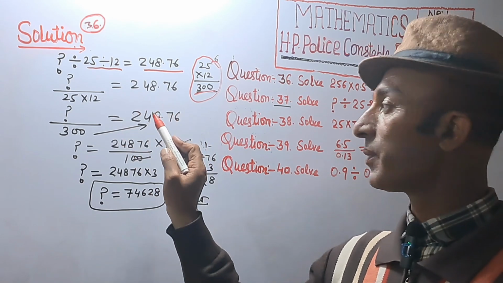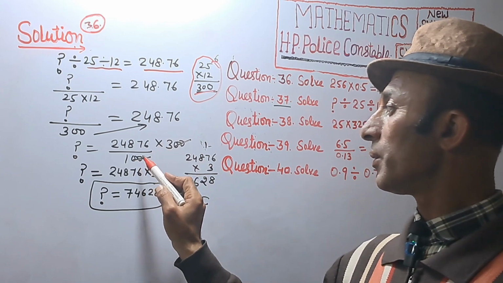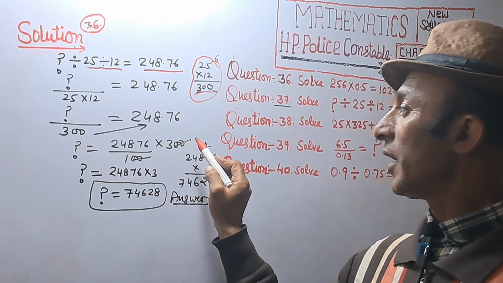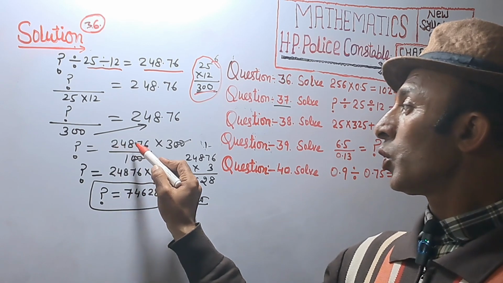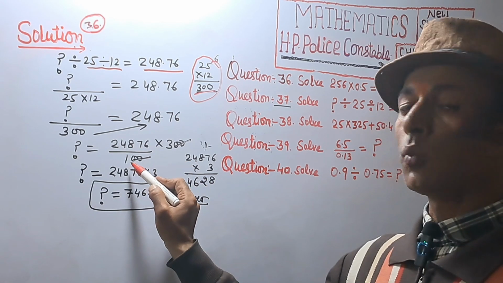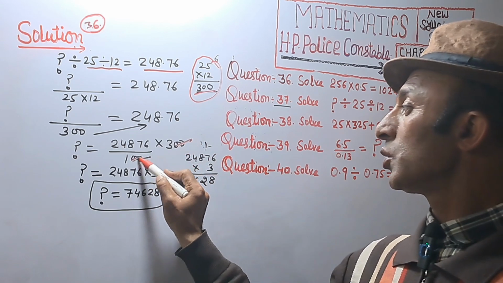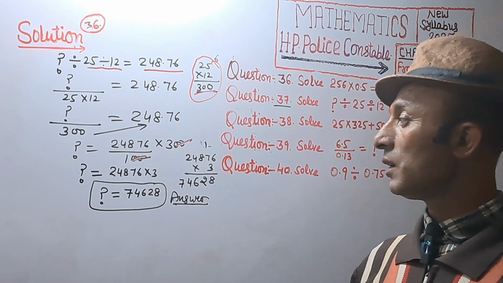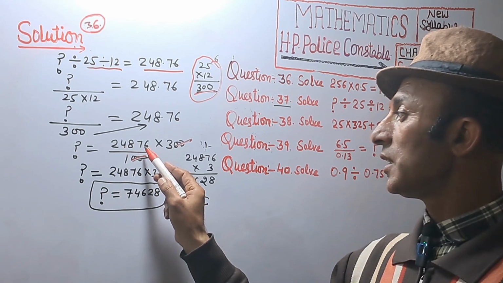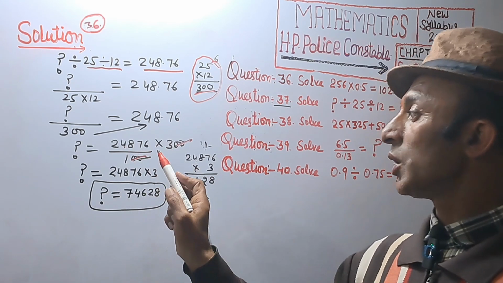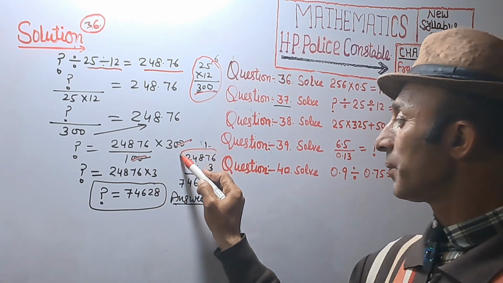248.76 as it is. Point convert 1, 76 is 20, and 300 multiply by right hand side. So 24876 upon 100 multiply by 300. 2 zeros is cancelled, and 24,876 multiplied by 3.